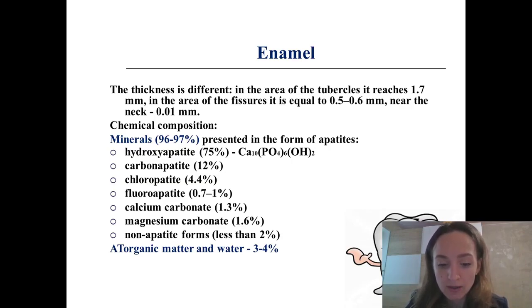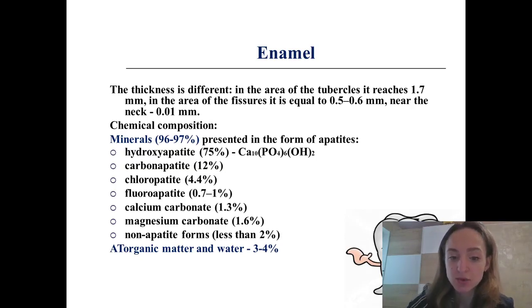Then, chemically, enamel is a highly mineralized crystalline structure. Hydroxyapatite in the form of a crystalline lattice is the largest mineral constituent.